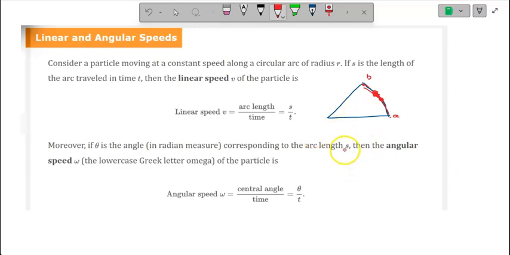So that's going to be the length of the whole arc divided by the time, all right? However, the angular speed is slightly different. Although we still have the same arc and theta, we are looking at how long it takes for theta to open up, all right? So do you see it has to go through this progression over here. So that's the speed of the angle opening up. Now, what's the difference between the previous one and now? You're going to tell me, oh, this opened up with theta too.